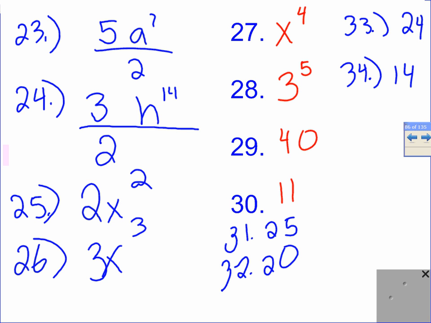It should be 3 to the 5th times larger, because you're trying to find out how many times larger the second one is. So you would set it up as 3 to the 2nd times 3 to the x equals 3 to the 7th. So 28 would be 3 to the 2nd times 3 to the x equals 3 to the 7th.